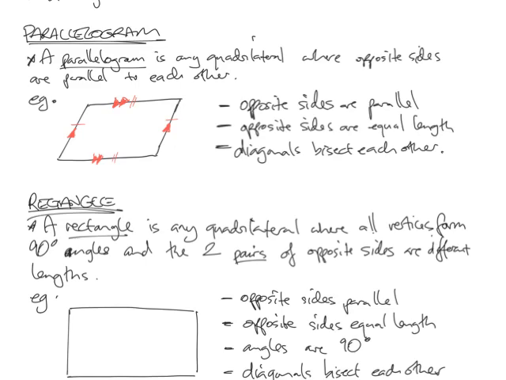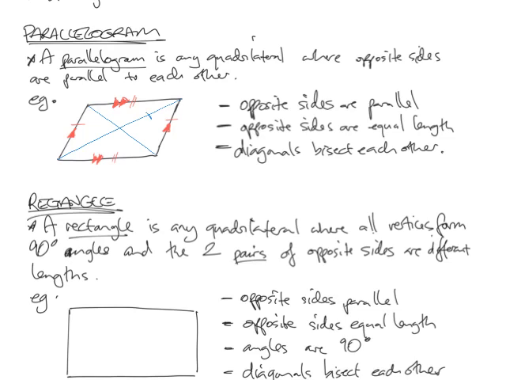Lastly, diagonals bisect each other. So we've already said that diagonals are a line between vertices opposite each other. So that's one diagonal in blue, and the other diagonal there. And diagonals bisect each other indicates that when you've drawn the diagonals, they cut each other in half.